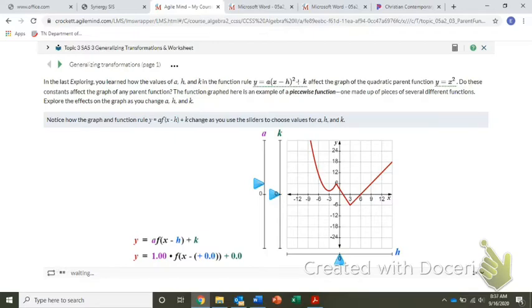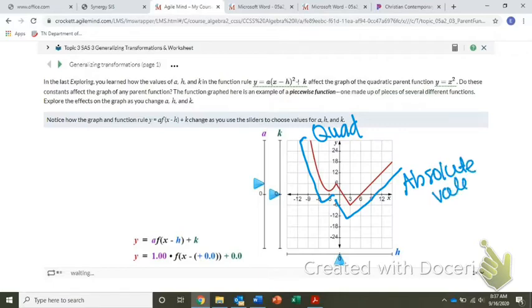If you look from here to here, we have a quadratic function. But from here to here, we have an absolute value function. So that's where the piecewise comes in.